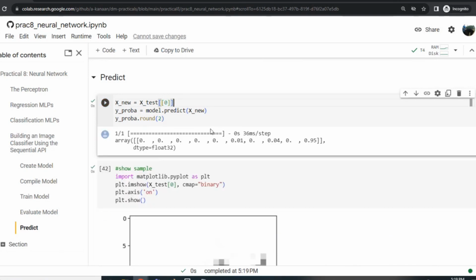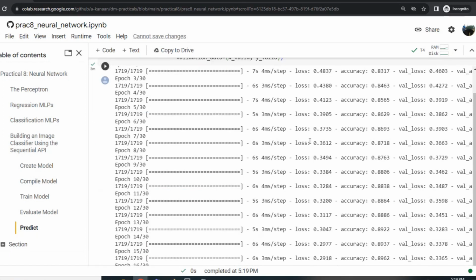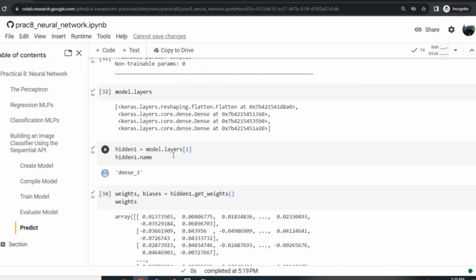Now, what we notice here, how many values did we get for a single photo? Just count. 1, 2, 3, 4, 5, 6, 7, 8, 9, 10. Why 10? Why did we get 10 values? Because we have 10 neurons in the output layer, correct?